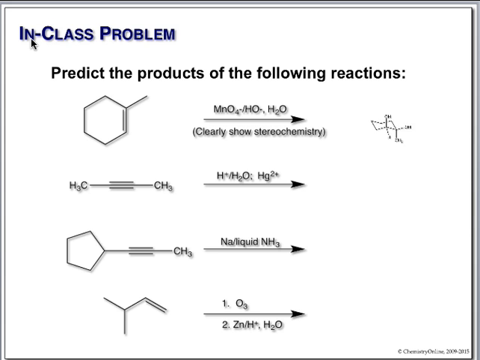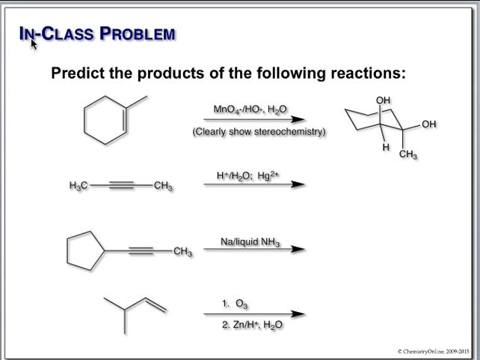Now I've done it here, again with a perfect chair. I have placed the hydroxyl groups here, axial equatorial, that's cis, relative to our methyl. This has 2 axial substituents.